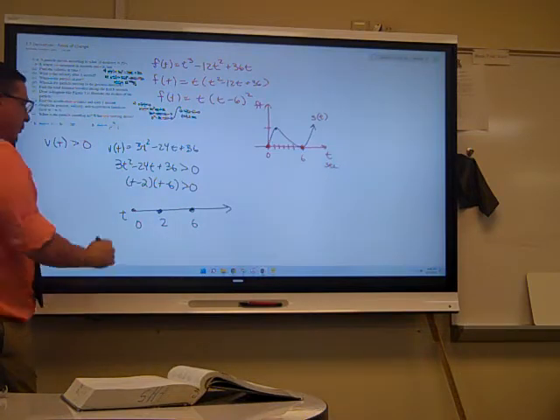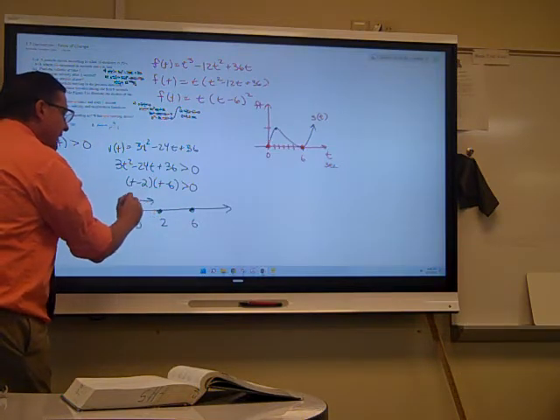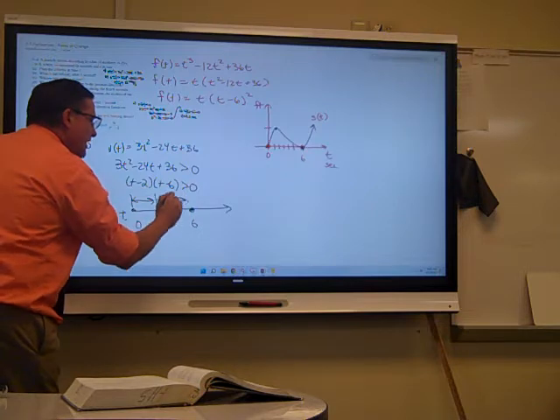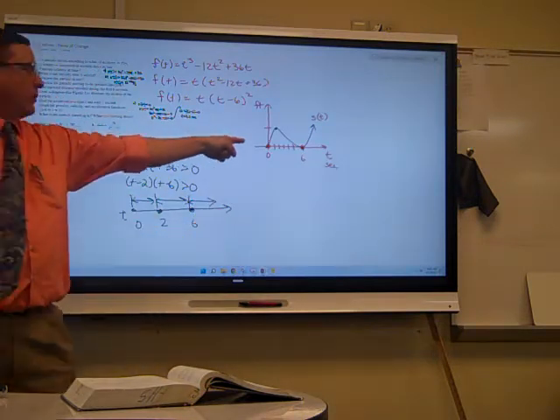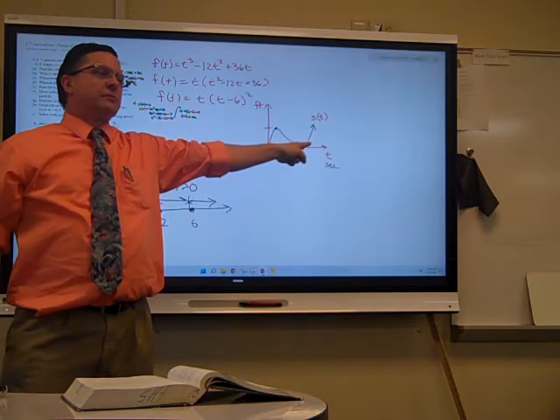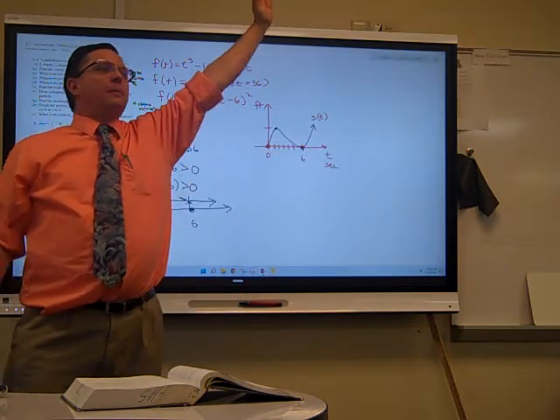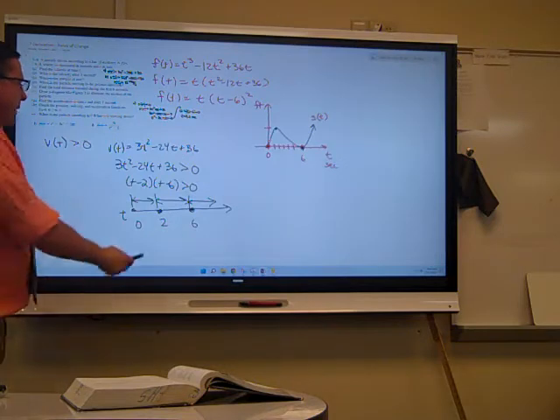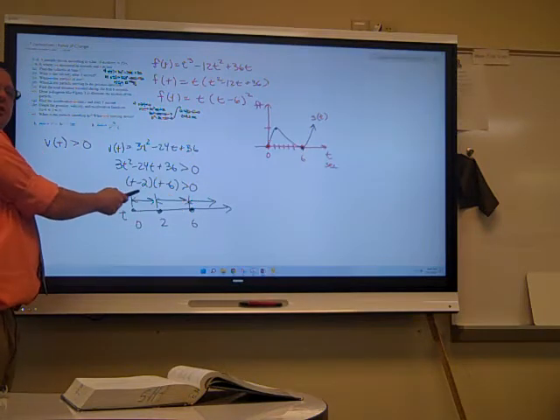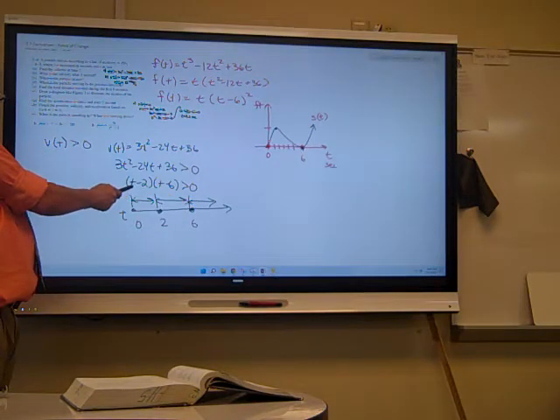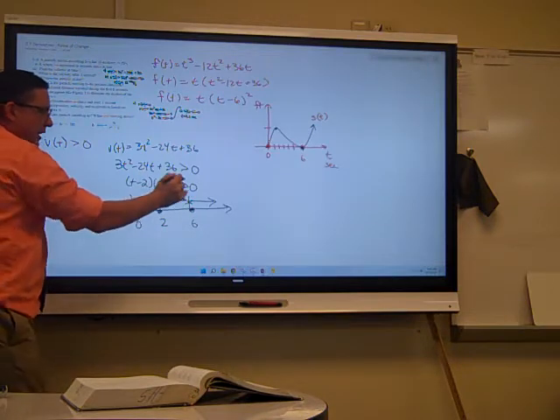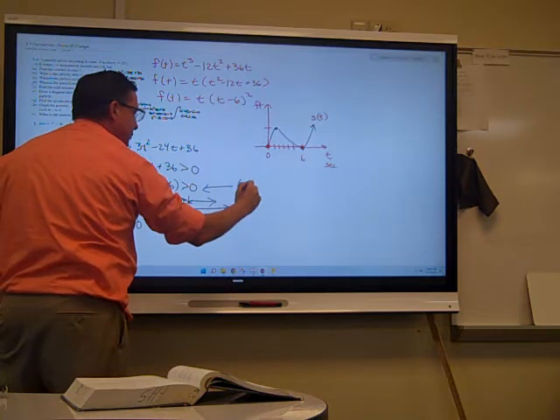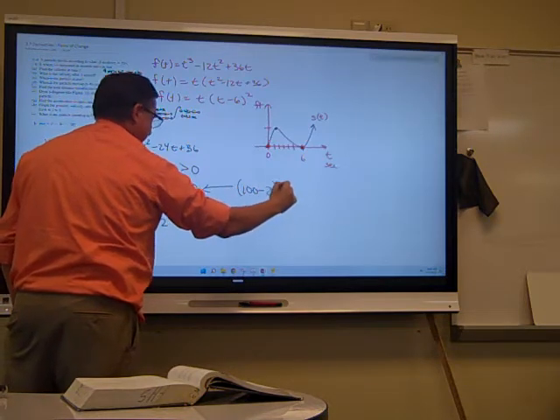So we have 3 intervals to check. Everybody, looking at the graph, what do we know about after 6? Particle runs up and away. You guys agree? So let's put in a big number here. Guys, if I put in 100 for t, that's to the right of 6. You guys agree? t is 100. And you look here, and when I say this, guys, I'm actually doing this math in my head.